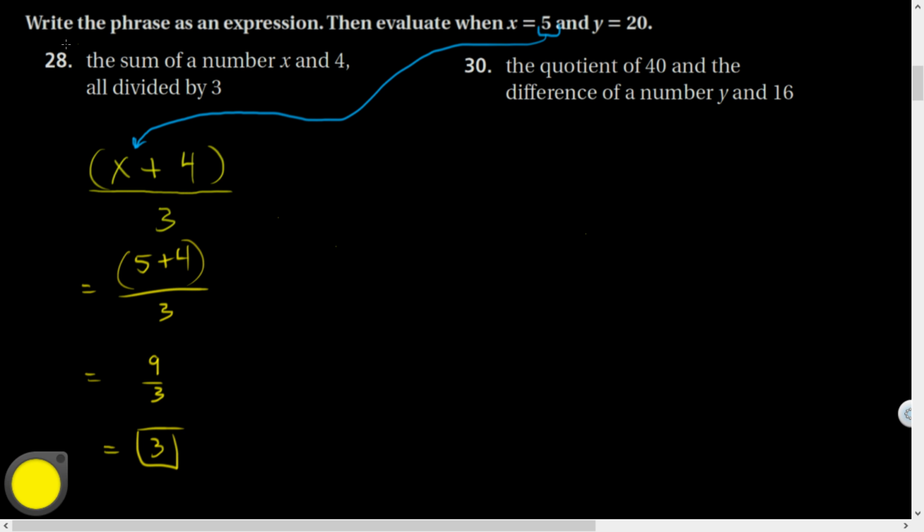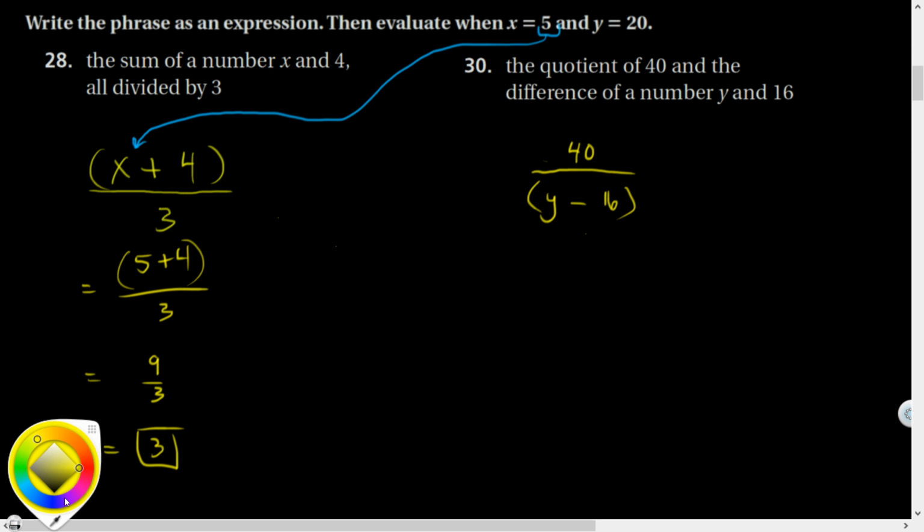For this one, it said write the phrases as an expression and then evaluate. So this batch was both. It says the quotient. Oh, so yeah, you should write it as an expression first before you plug in 5 for X. So let's see, the quotient of, so that's division, 40. And the difference, okay, so now I'm dividing by two things being subtracted, and it's happening first, of a number Y and 16.